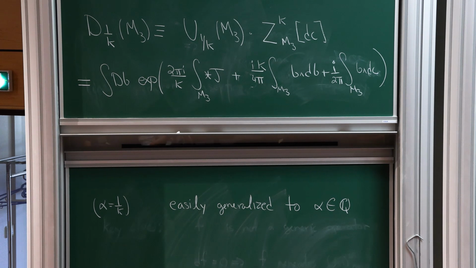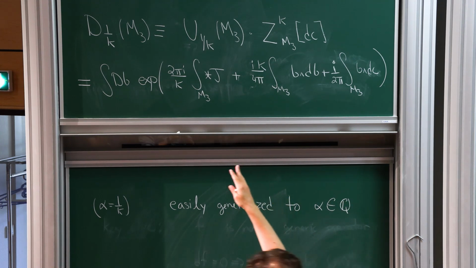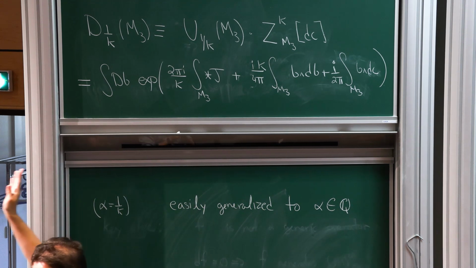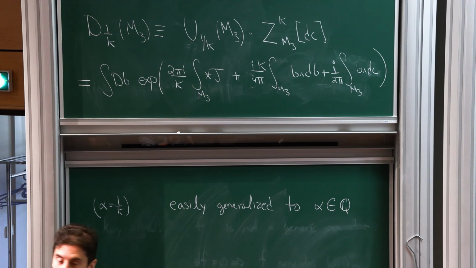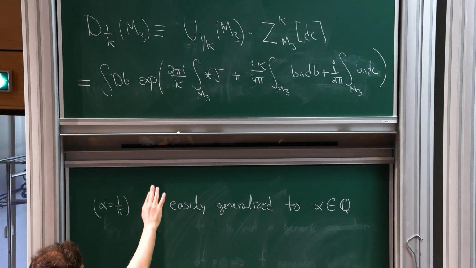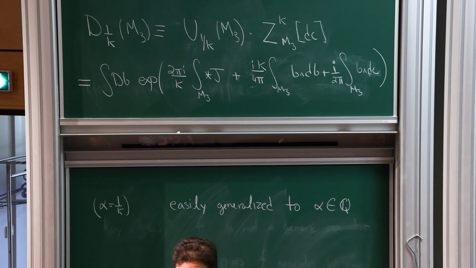So we succeeded. I wrote explicitly a formula for you for a topological operator, which looks at first like U with alpha 1 over k, so a fractional rotation. But it has this topological field theory dressing, this U1 level k coming from the Rhine. And you can generalize that to rationals.